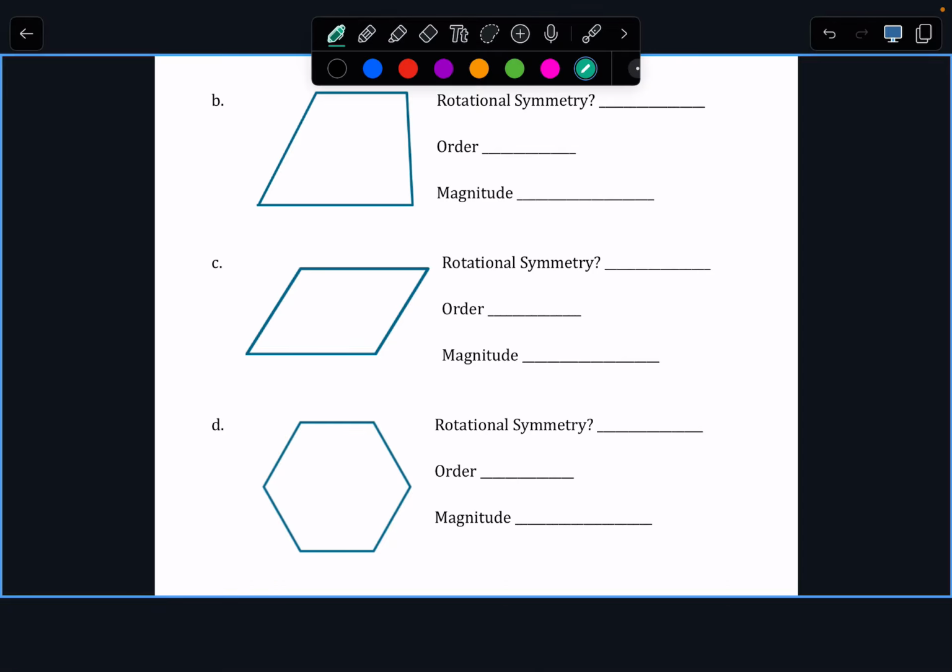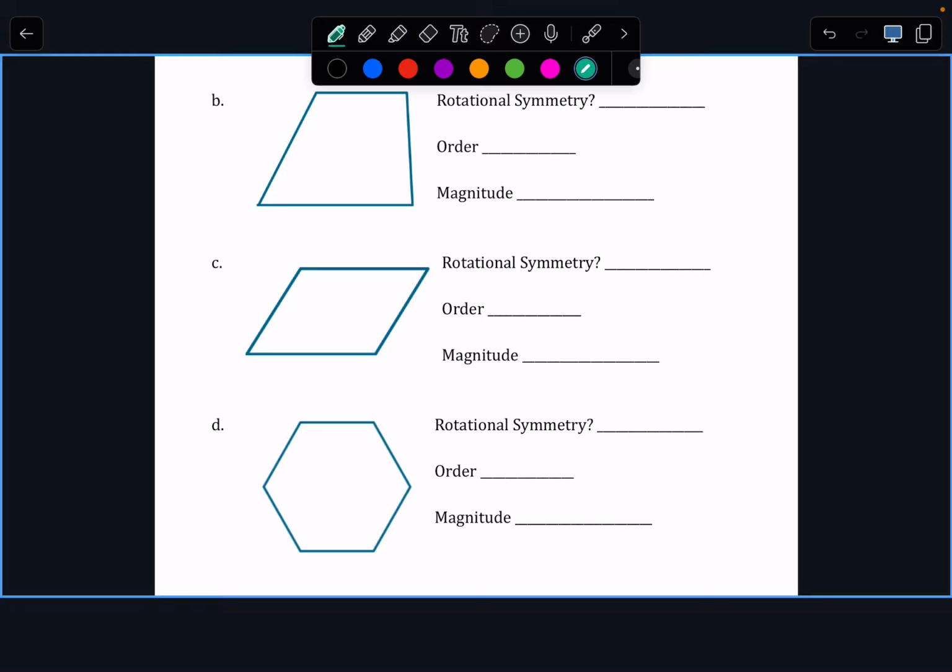So it would be no, yes, yes, and then for this, I don't think there's anything symmetrical about this one. So I think if we turn it 180, yeah, I don't think this one functions.